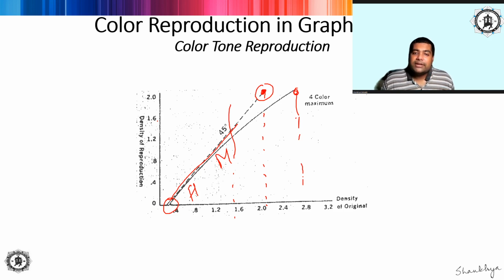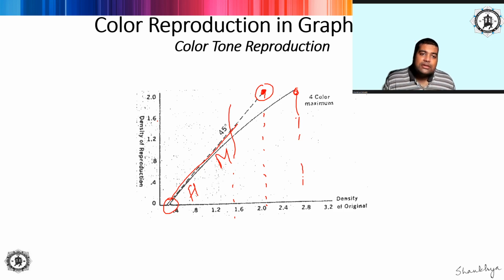So what is the advantage of doing this? First of all, we will get a better contrast in both the highlight and the midtones, and we know that if we get higher contrast, meaning we will get a better number of tones in the reproduction with respect to the original. So we know even a small increase in contrast in the highlight area is perceptible by the human eye.